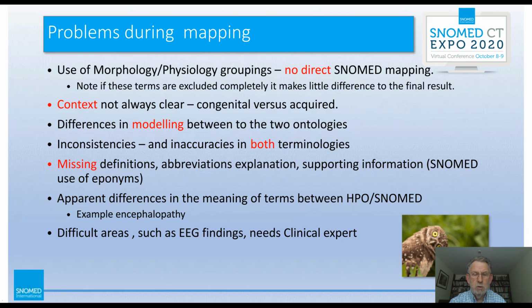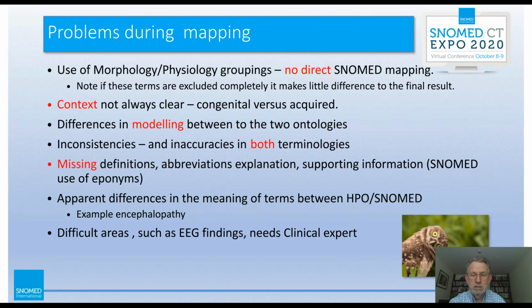The context was not always clear in terms of congenital versus acquired, and there were differences in modeling between the two ontologies, which you would expect, but there are also inconsistencies and inaccuracies in both terminologies, which did create some problems in cross-mapping, particularly missing definitions, abbreviations, etc.